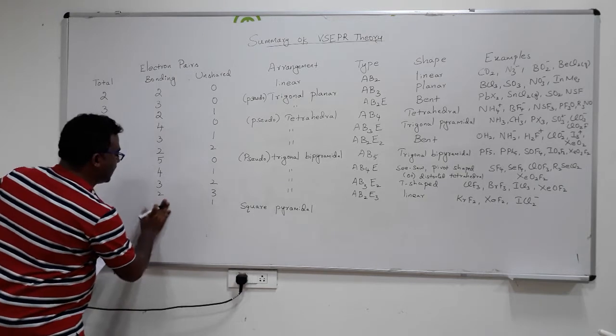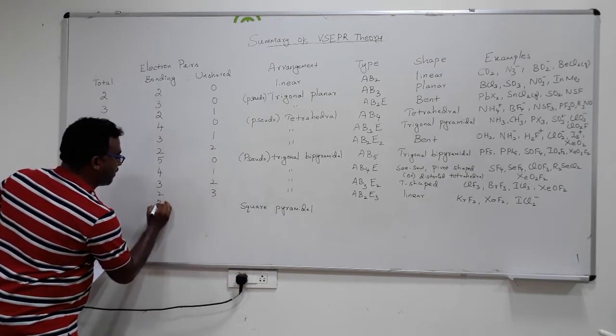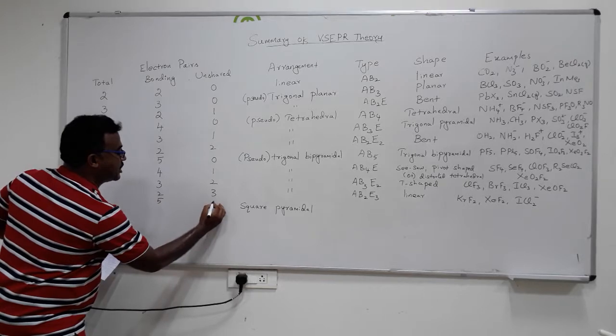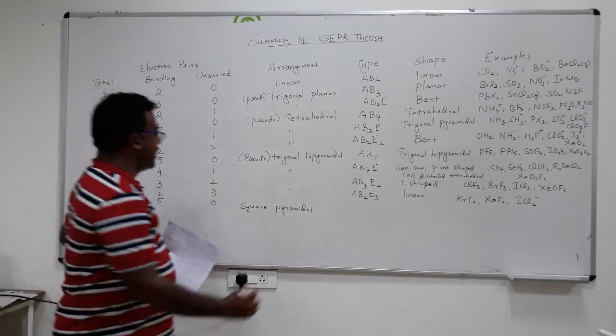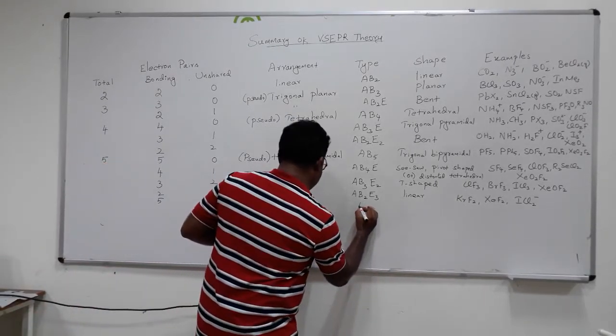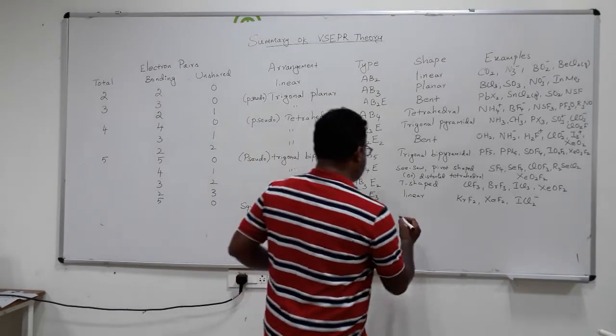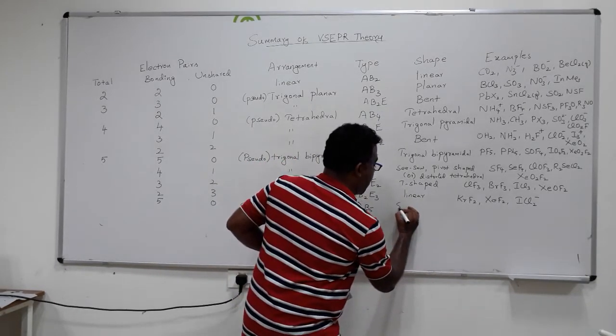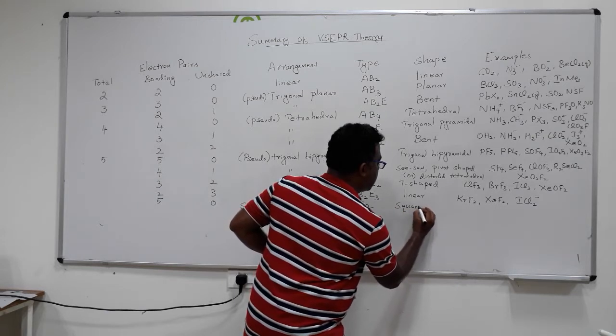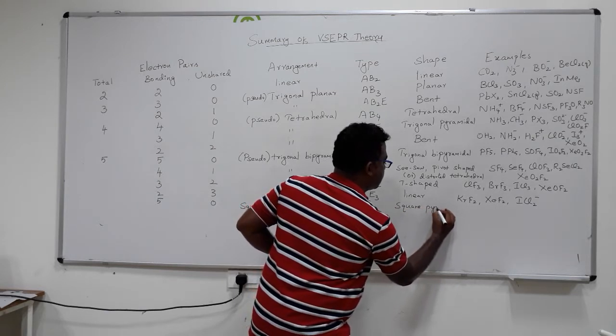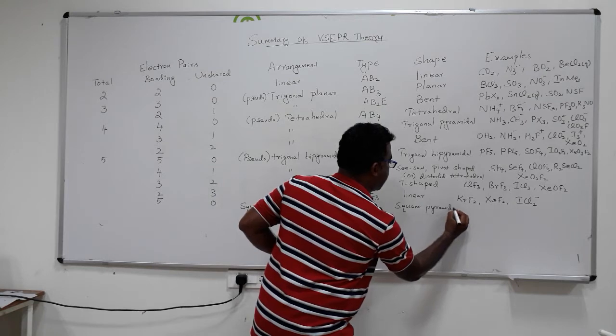Sorry, it has 5 bonding electron pairs and 0 unshared pairs of electrons. The molecule will come under the category of AB5 type molecules. The shape of the molecule is square pyramidal.